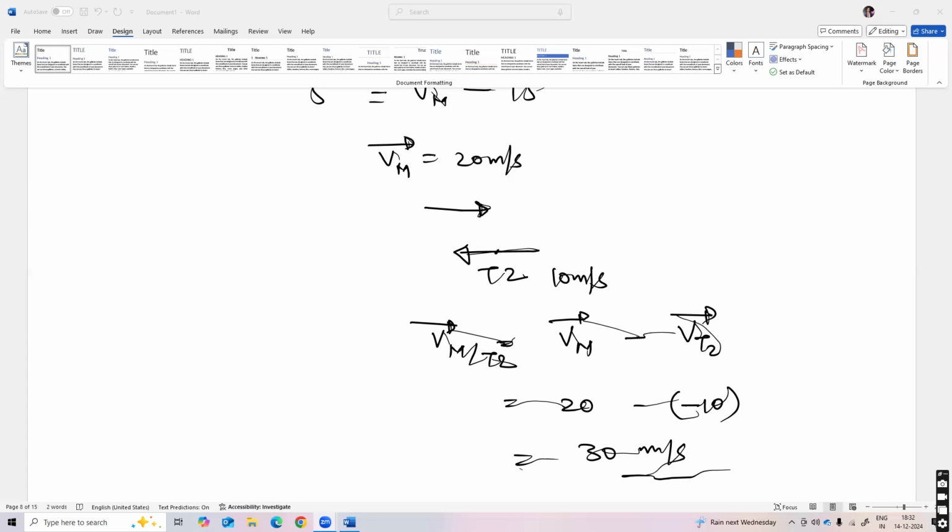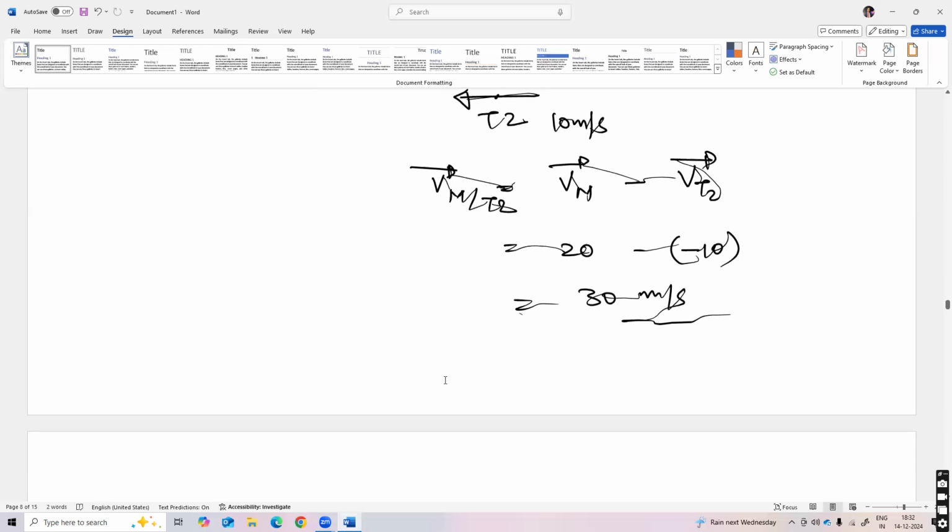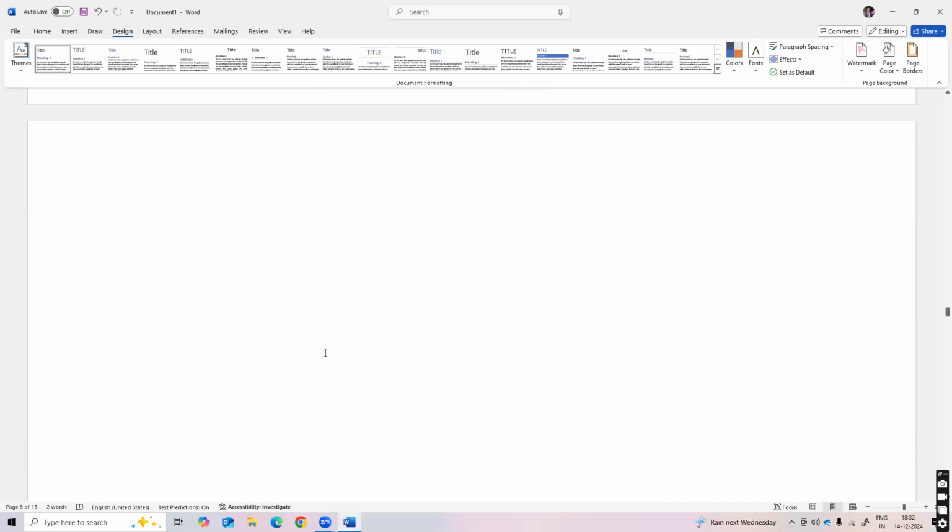Okay, so let's say this is the ground and the river is flowing, and this is the direction of flow. This is the direction in which the river is flowing.